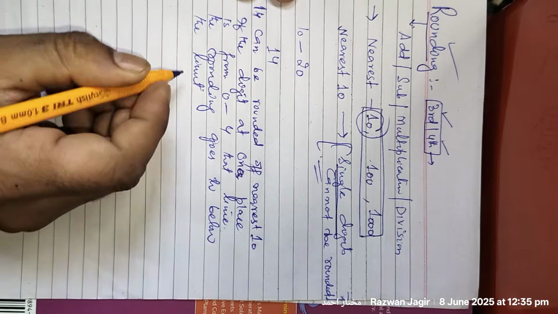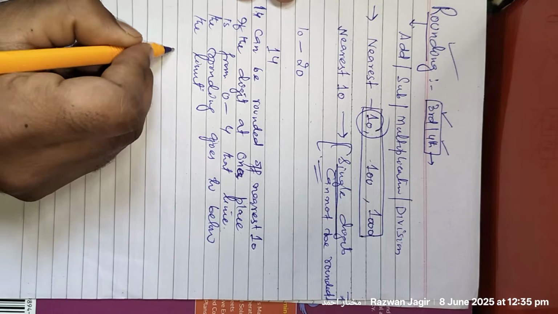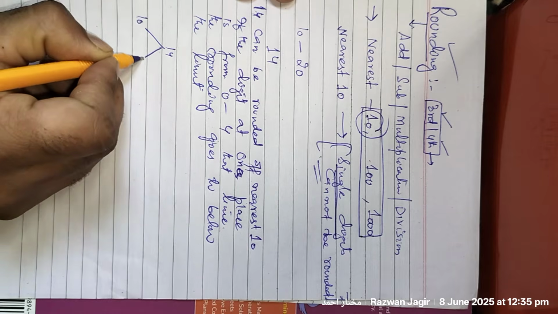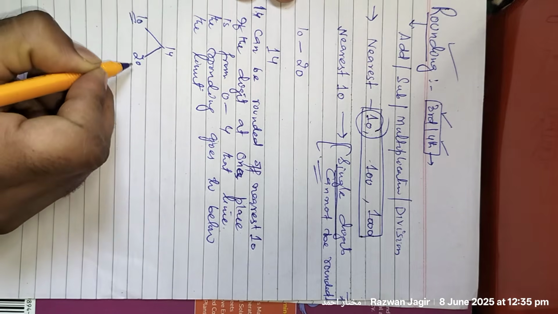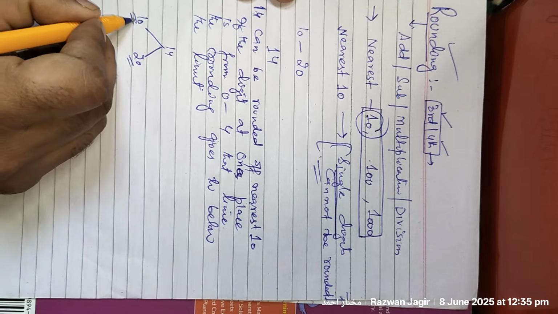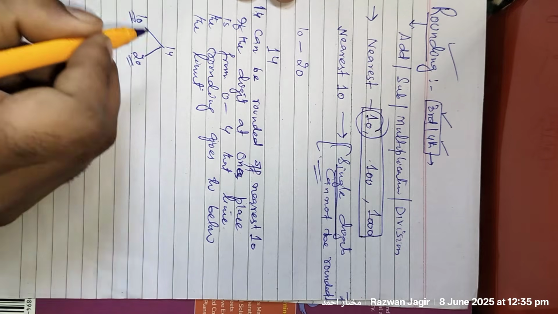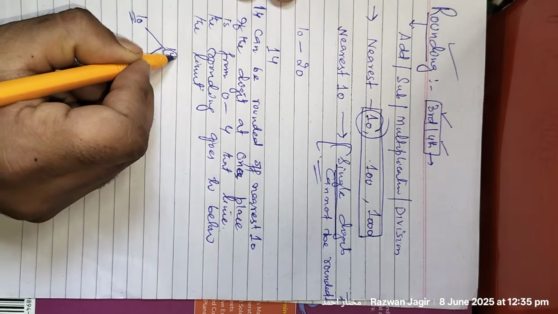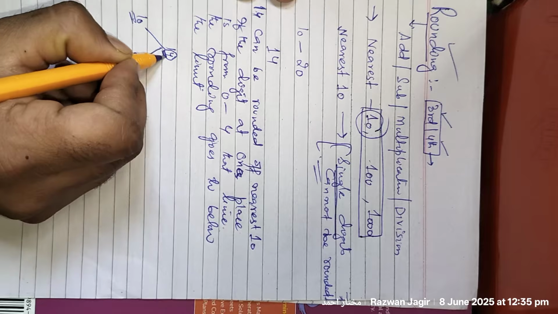What does that mean? For example, this 14 comes between 10 and 20, because these are our exact values, 10 and 20. Now we have to check the ones place. Here the digit in ones place is a 4.